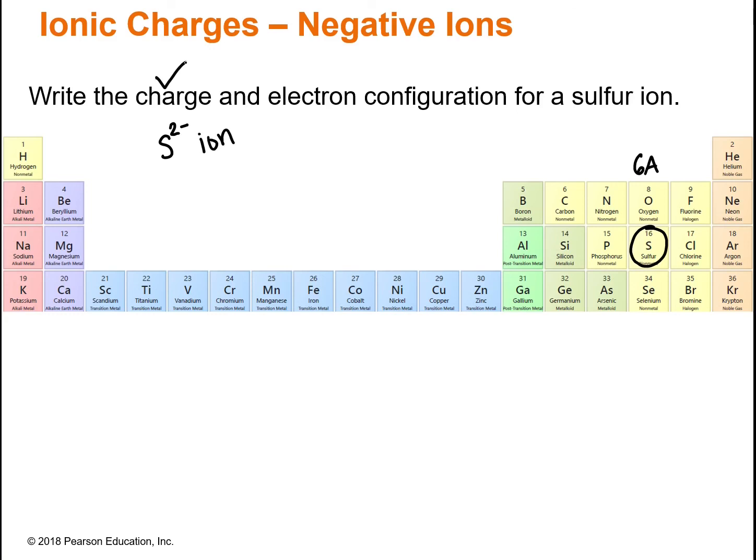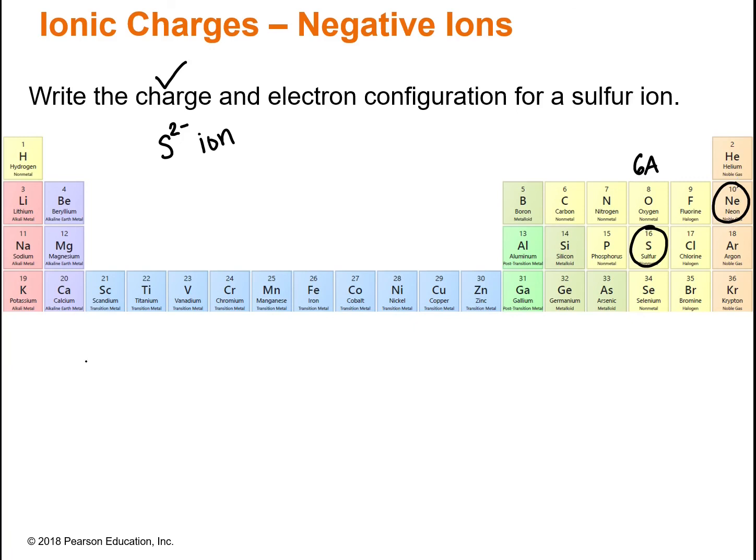That part is done. The electron configuration, though, that's the trickier part. I'm going to use the noble gas configurations here. We're going to look to neon because that is the noble gas in the period above sulfur.